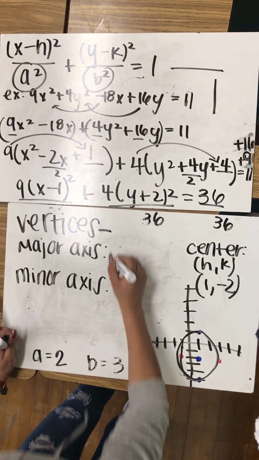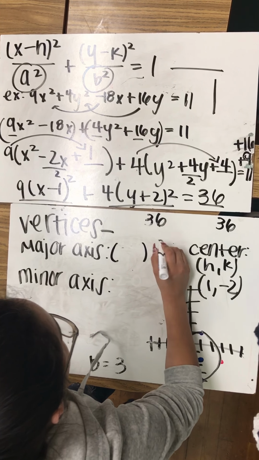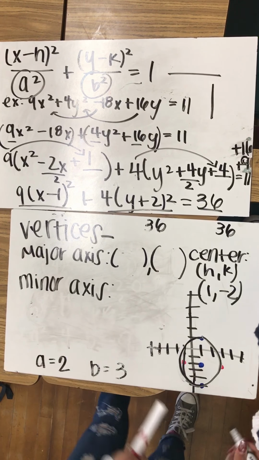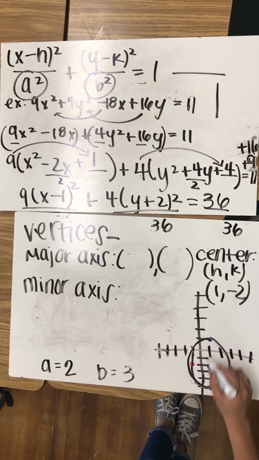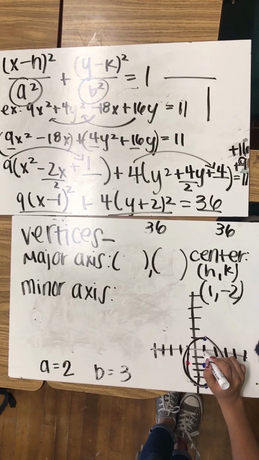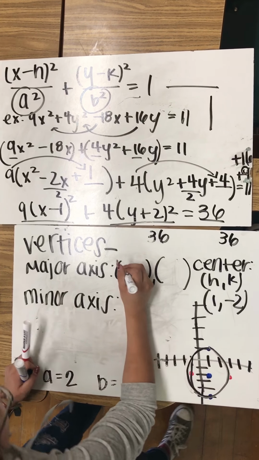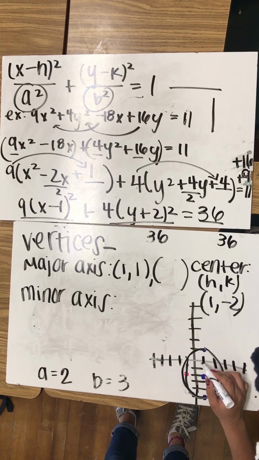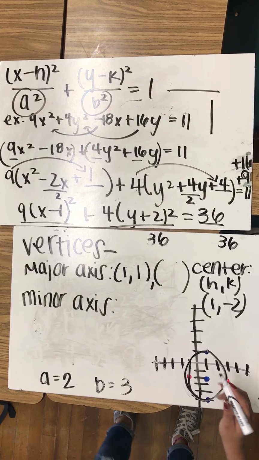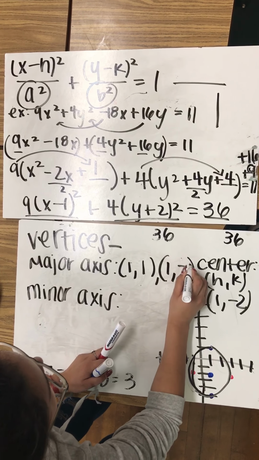Okay, so for the major axis, which is going up and down because y is bigger, it's going to be (1, 1), and then also (1, negative 5).